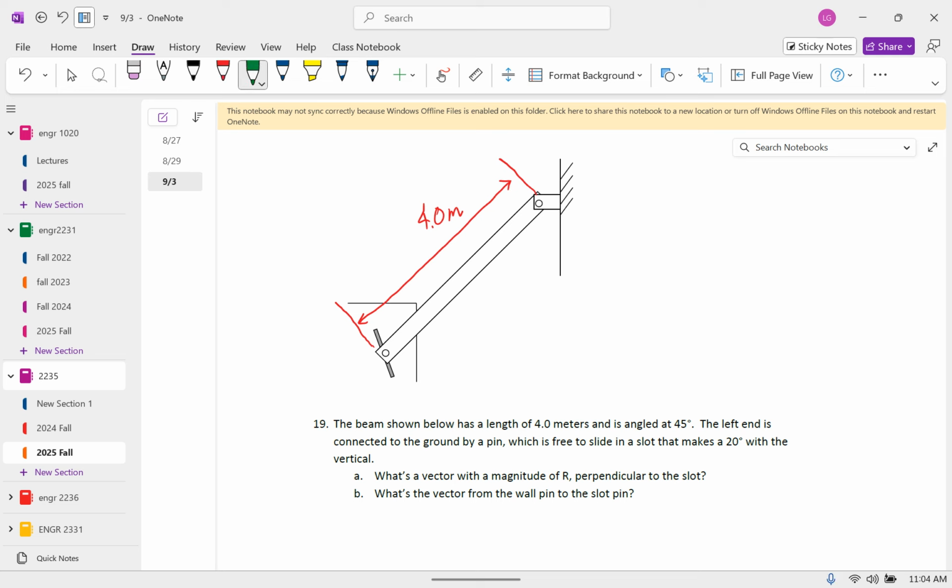And we know that this angle, let me move that up, just make it less cluttered, this angle here is 45 degrees. And then we know that the slot here makes an angle of 20 degrees with the vertical.